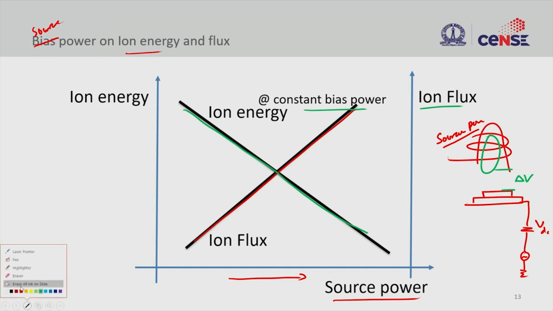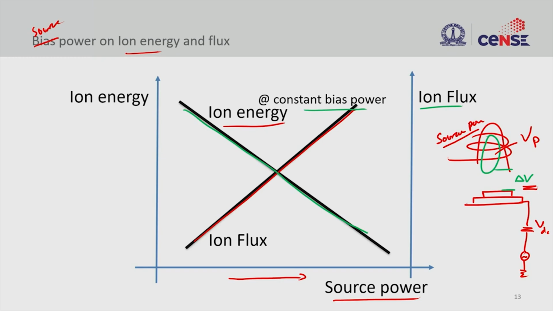So my plasma potential also has increased. This increase in my plasma potential has reduced my potential drop between my bias voltage and the voltage drop in my plasma. So this reduction in the potential drop will reduce my ion energy. This is very important to understand.